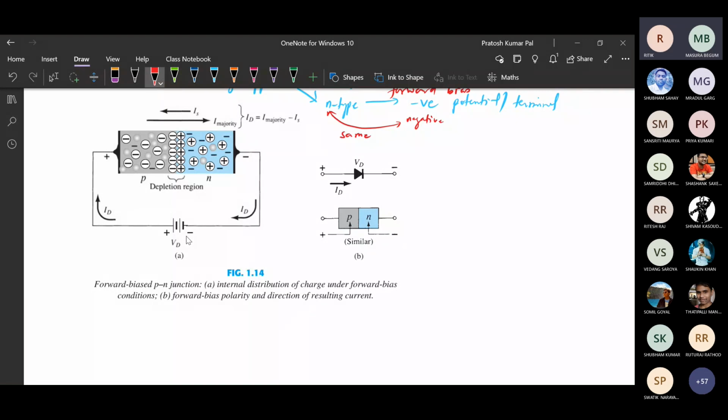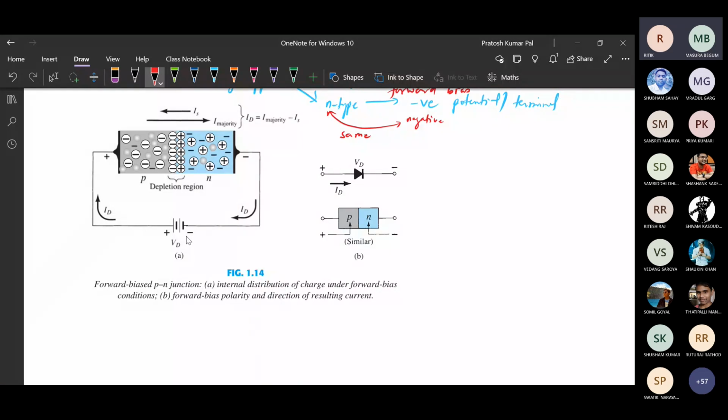This positive terminal will be attracting the negatively charged ions available in this P type region. So this applied potential will be exerting a force to attract these opposite immobile charge carriers. Positive will attract the negatively charged immobile charge carriers, and similarly here a negative terminal is connected to N type.